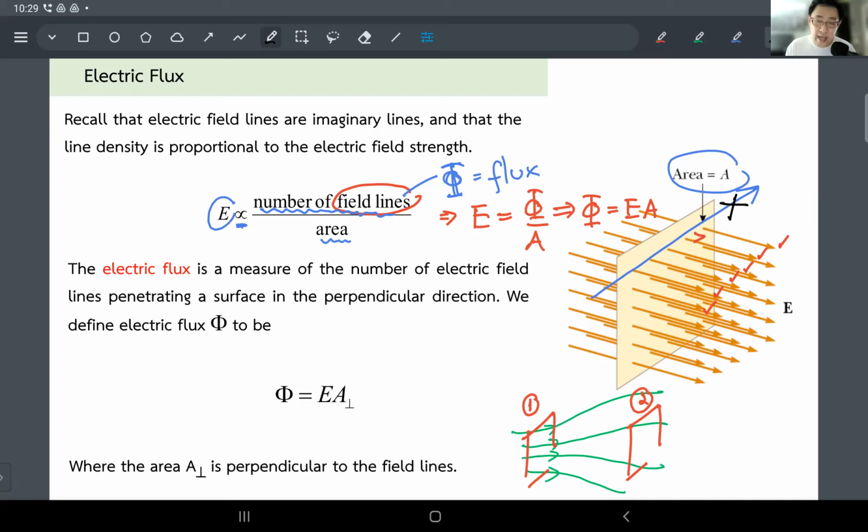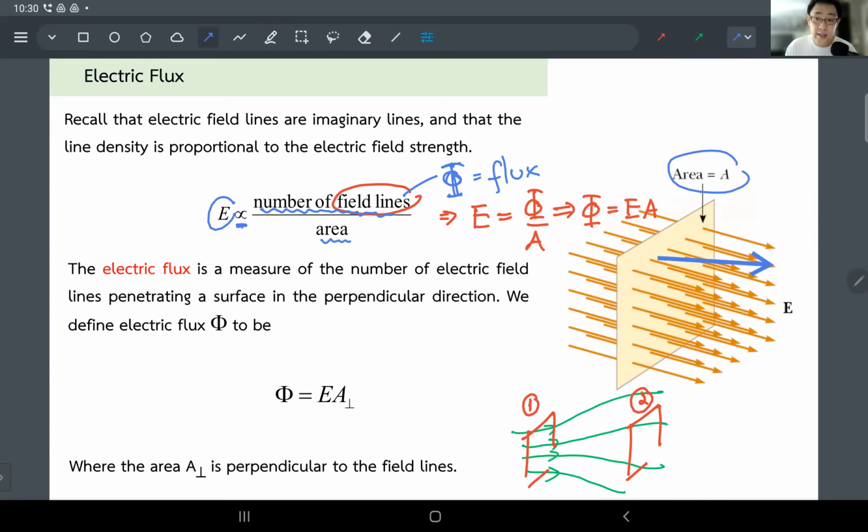So you want to take into account the lines that are actually going through the surface in a perpendicular fashion. Otherwise, you will have another problem. If I have the flux going at some angle, whoa, it's not piercing through perpendicularly.